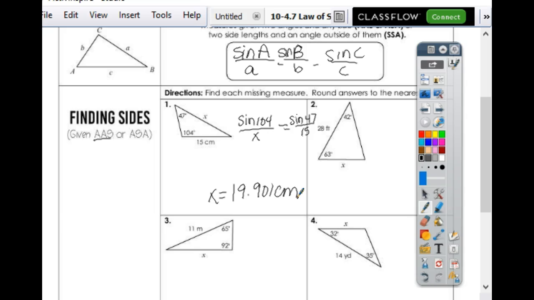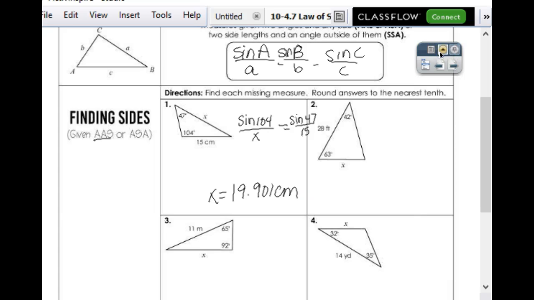You're going to take 15 sine 104 divided by sine of 47. And you should get 19.901. Is everybody getting that? Yes? Okay.